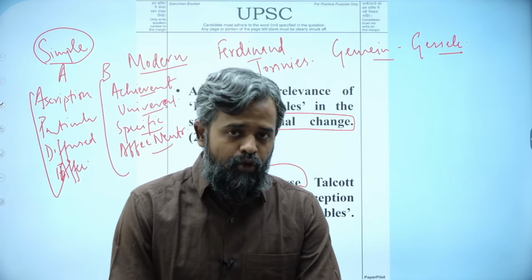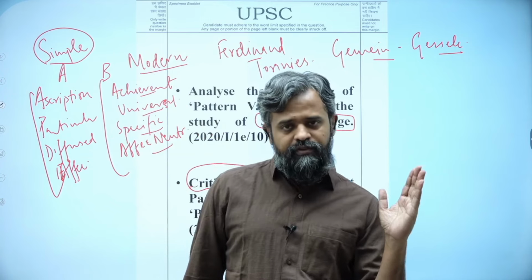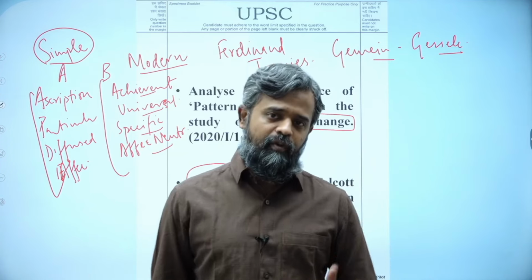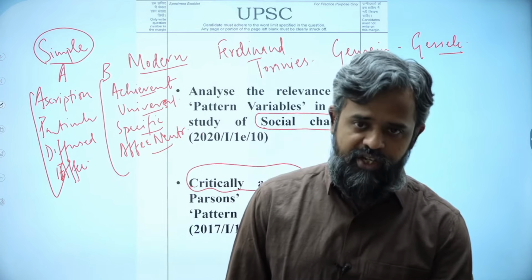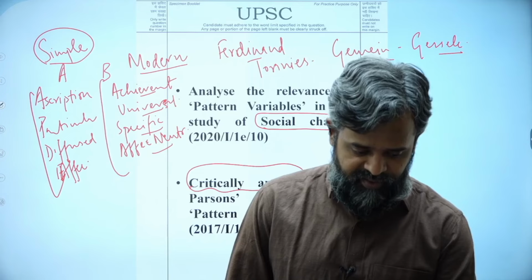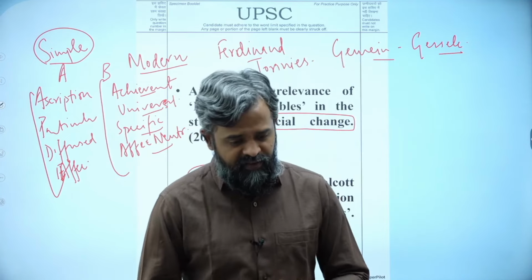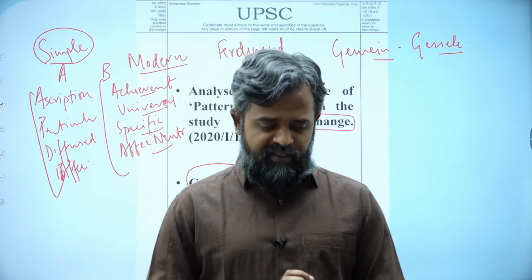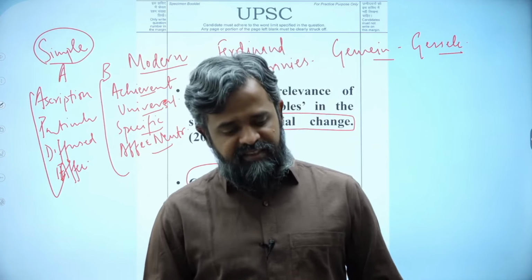So social change, according to Parsons, is some sort of a movement from pattern variable A to pattern variable B. This is an interesting way in which we can look at social change from the vantage point of Parsons. And remember, Parsons considered his formulation of the pattern variables to be a kind of specification of Tönnies' Gemeinschaft and Gesellschaft.